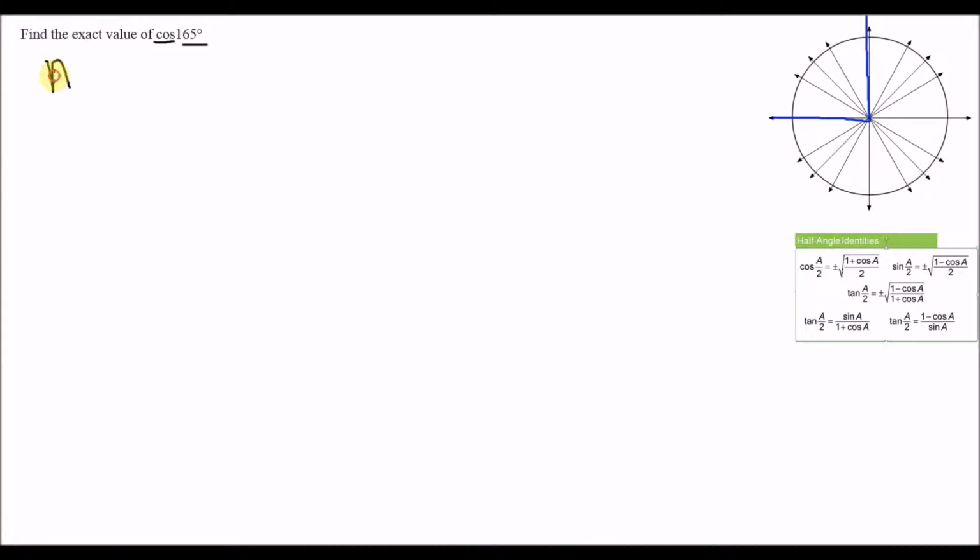So A divided by 2 equals 165. We just have to figure out what A is for the rest of our equation, and that would just be 165 multiplied by 2, which is 330 degrees.